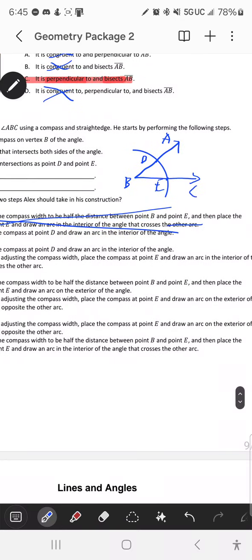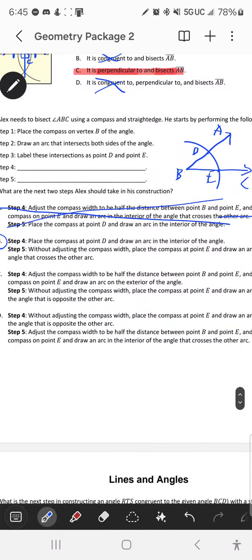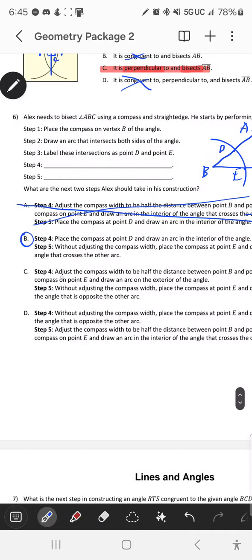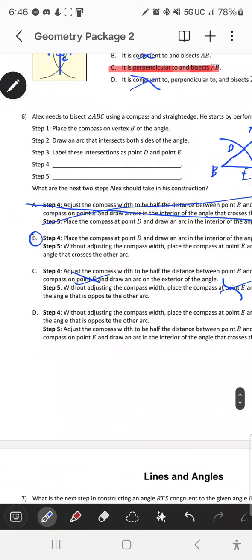Without changing the compass width, we place the compass at point E and draw an arc in the interior of the angle that is opposite the other arc. We are placing the compass on point E twice. We don't need to do that. We need to do B first, E, then D. So no, that's not what we're looking for.